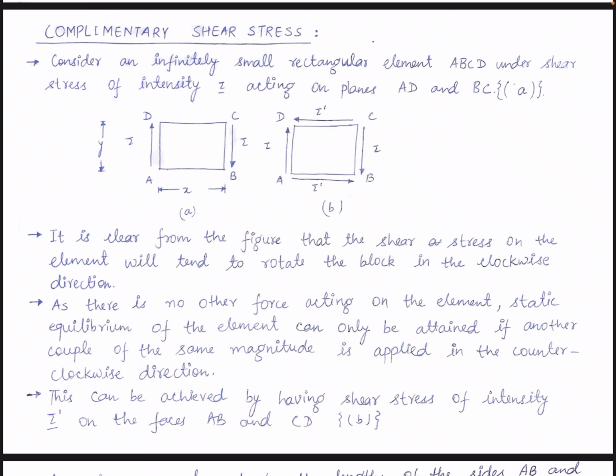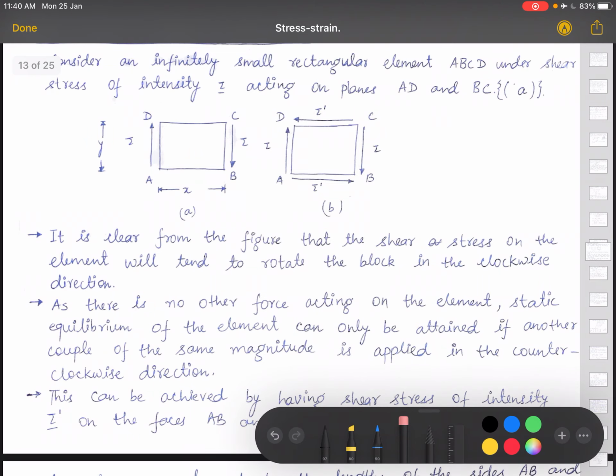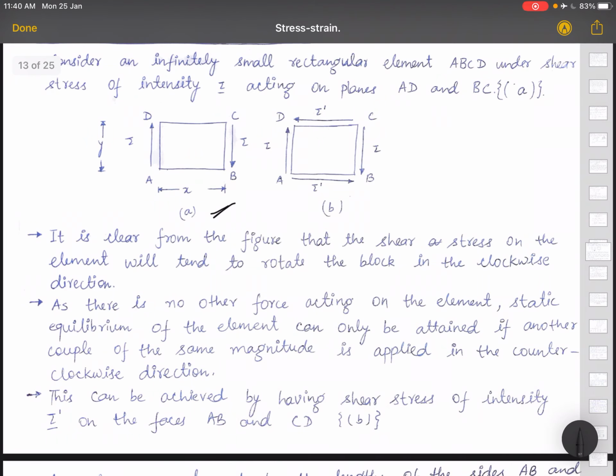For understanding that, consider an infinitely small rectangular element ABCD under shear stress of intensity tau acting on planes AD and BC. Figure A shows this, where tau is acting.